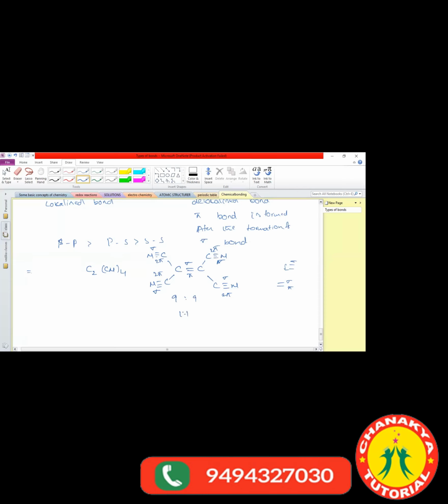Let us count: 1, 2, 3, 4, 5, 6, 7, 8, 9 sigma bonds. And the triple bonds: 2 plus 2 is 4, plus 1 is 5, plus 2 is 7, plus 2 is 9. So 9 is the answer.